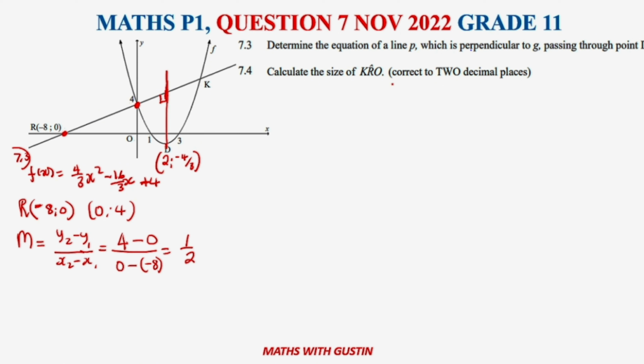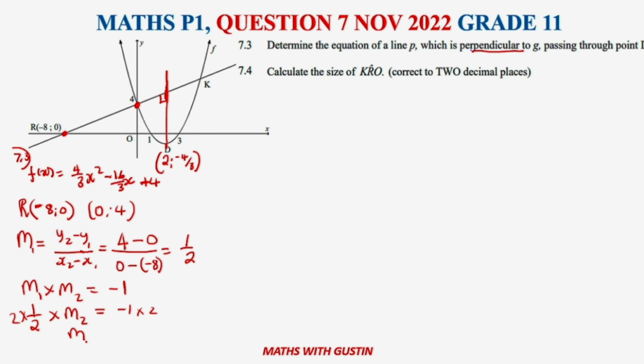All right, because they said the equation of P is perpendicular to g, we know that for perpendicular lines, the gradient of line 1 multiplied by the gradient of line 2 should give us negative 1. So let's assume that this is line 1, so it's going to be half. We need to get the gradient for line P to be negative 1, so multiply everything by 2 on both sides.